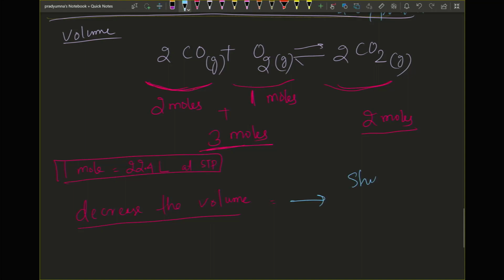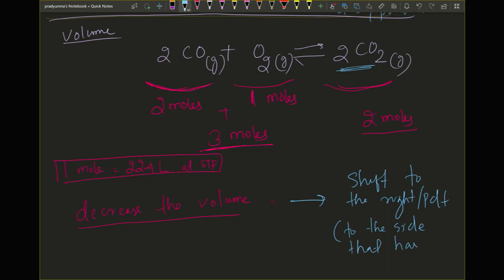You are compressing to make a smaller number of particles. Shift to the right, or product. When I say right, right means for this particular example. So you should shift the equilibrium to the side that has the lesser number of moles.